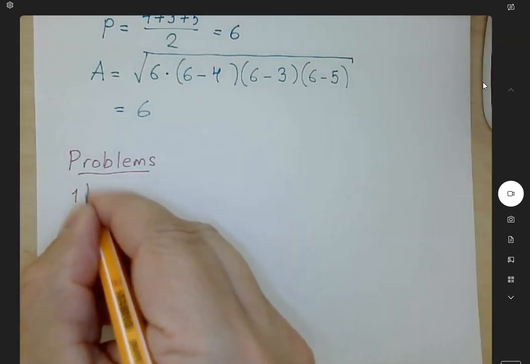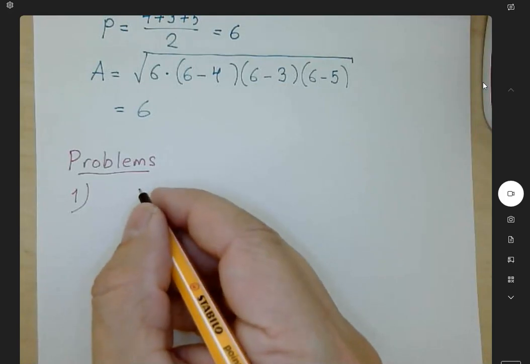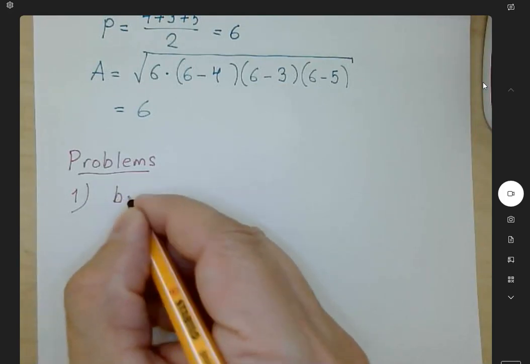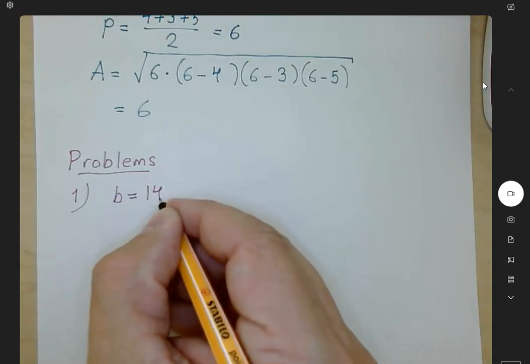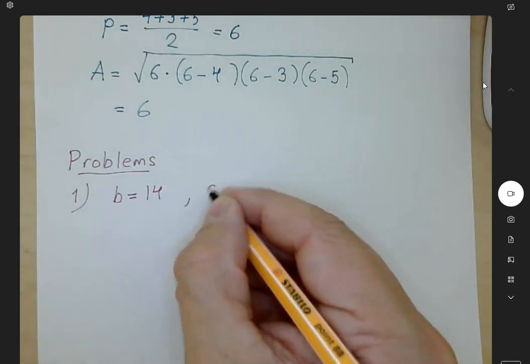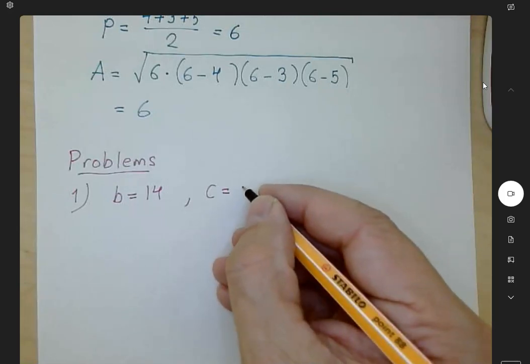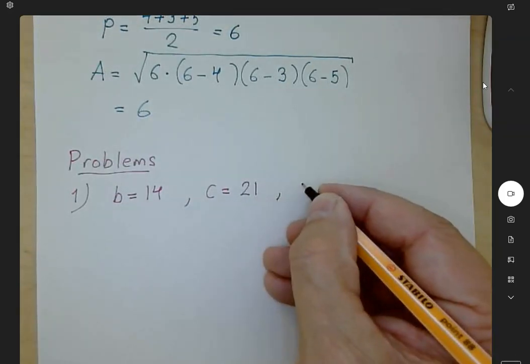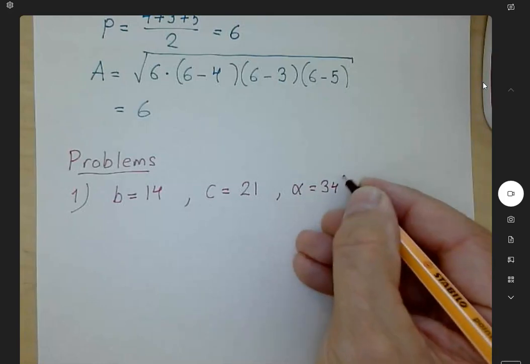So one: you know b is 14, c is 21, and alpha is 34 degrees.